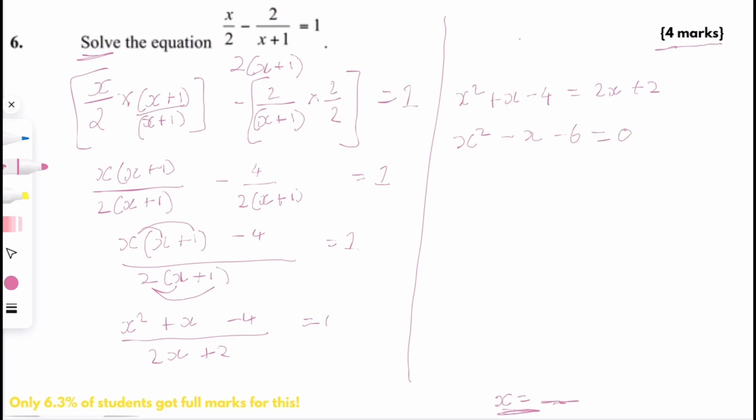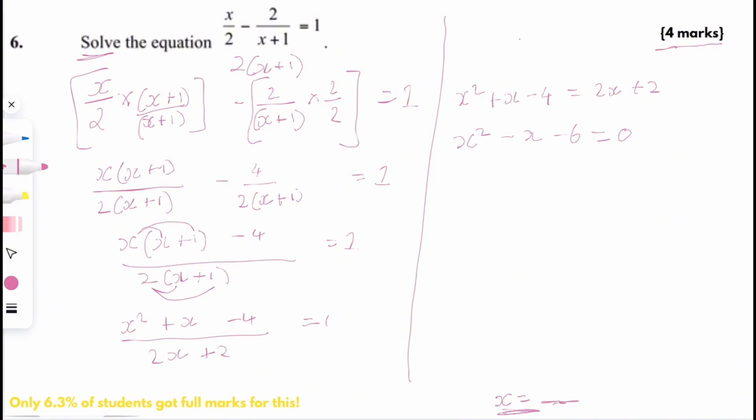So now we have something that should look very familiar. This is a quadratic equation, so we need to now factorize it to solve for x. So what 2 numbers, when added, are equal to -1, and when multiplied would equal -6?